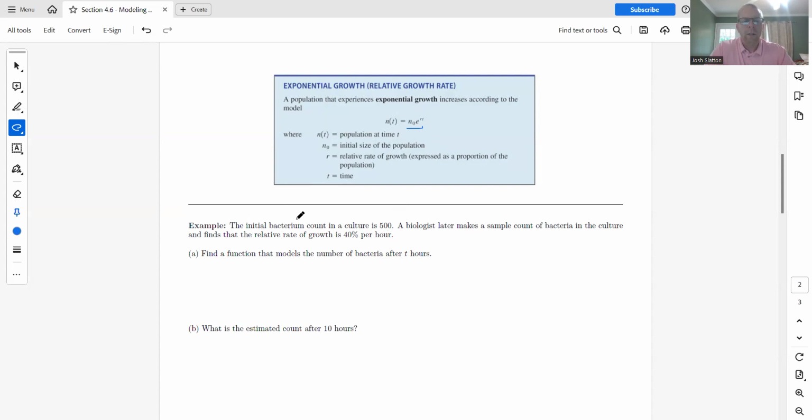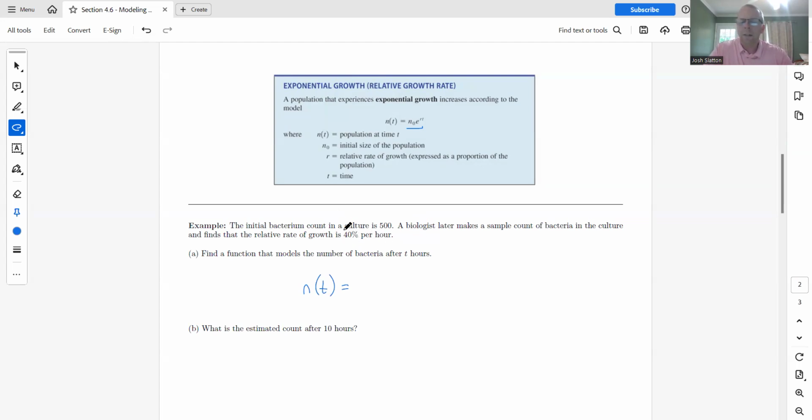So we have initial bacteria count 500, later makes a sample count and finds a relative growth rate is 40% per hour. Find the function that models the bacteria after t hours. Sorry, I got my pages a little bit out of order there. So this will be N of t equals.